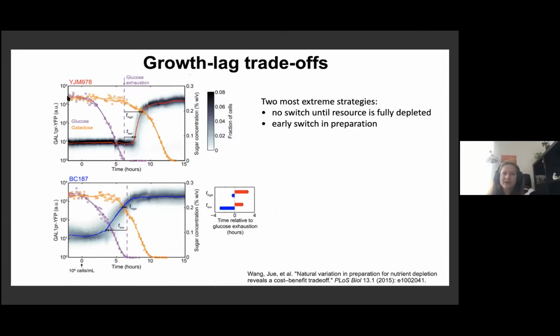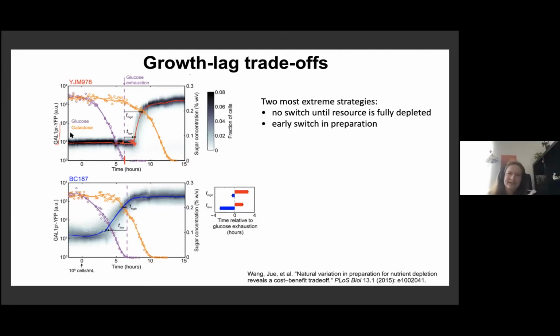One is when the microbe is utilizing glucose until the end. So here you see this is the time point when your glucose concentration runs out. And after that, you still have this time when you don't start to produce this protein, which means that your switch started to happen just somewhere here.